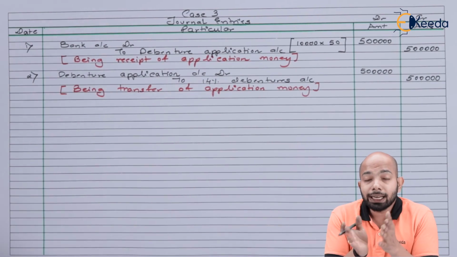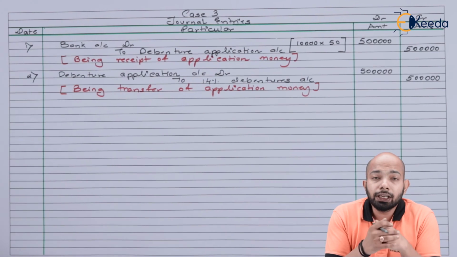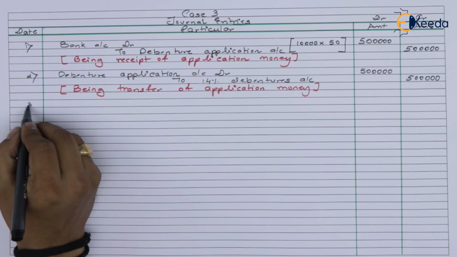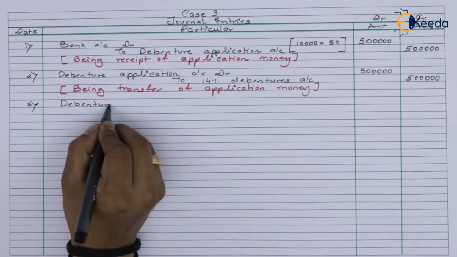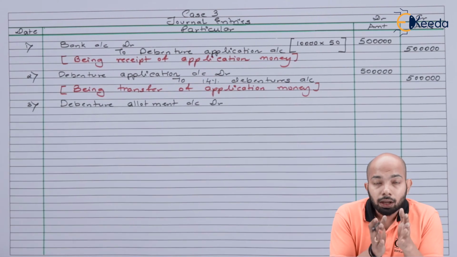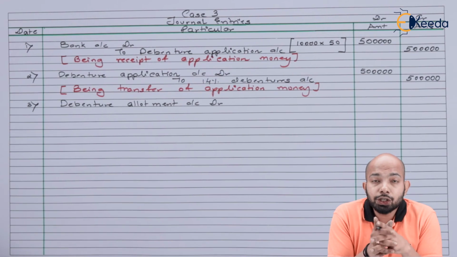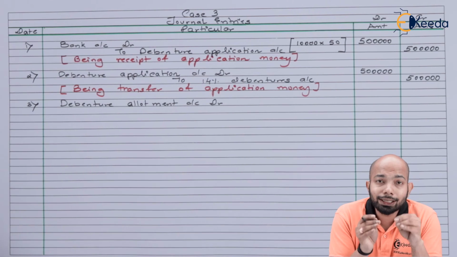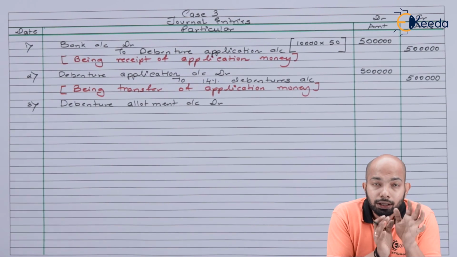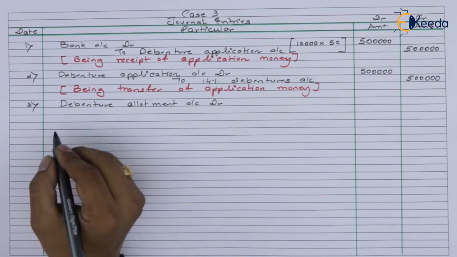Now that application money has been transferred, the next item will be to record the allotment money due. Before we mention the allotment due, we need to understand that there is a discount here. Hence, you have to take that into consideration right away. So let's mention that here.